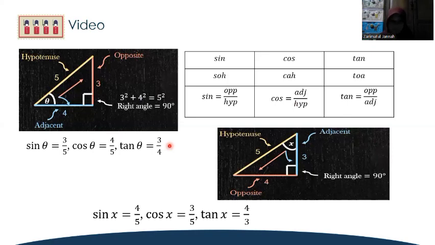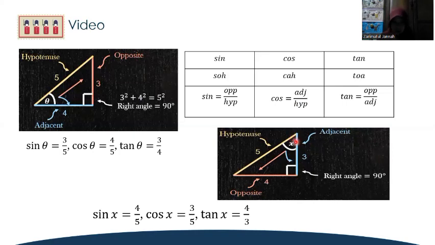Okay. Next, the picture is a right angle triangle because the angle is 90 degrees. This acute angle is x.